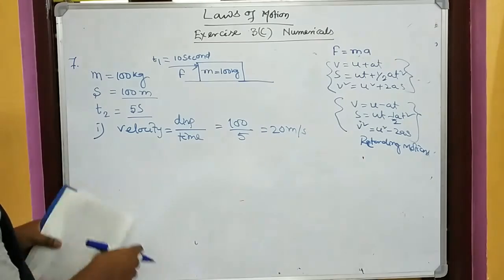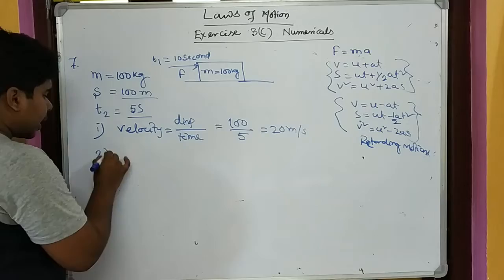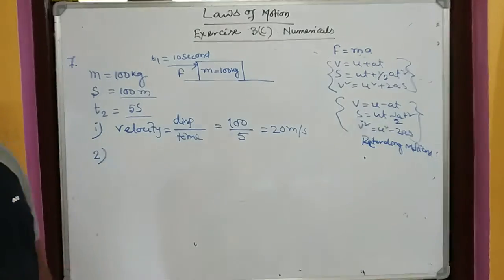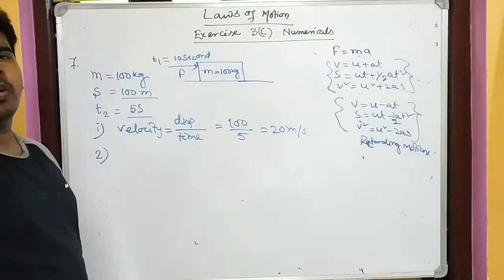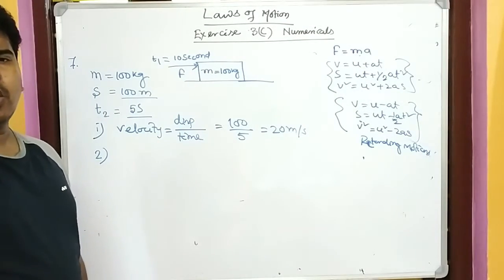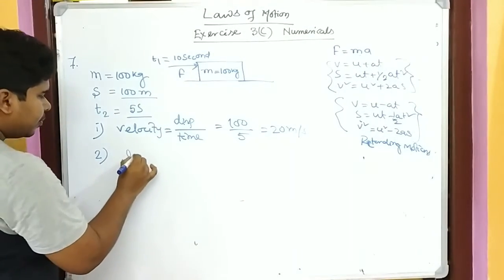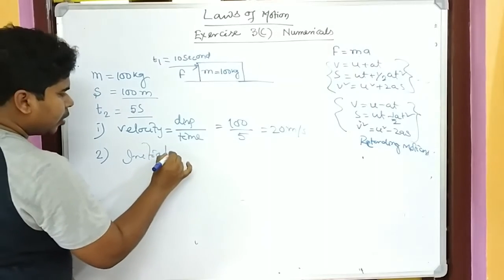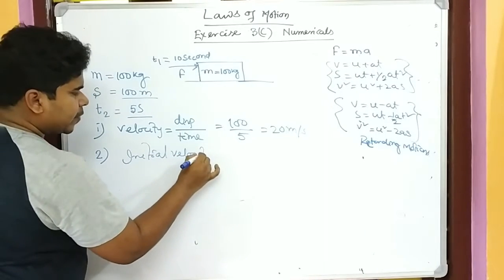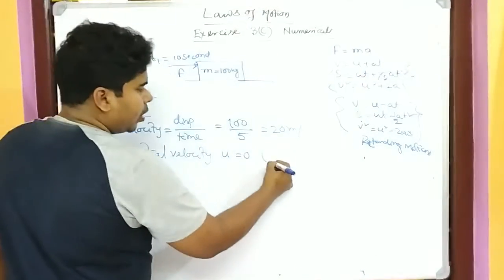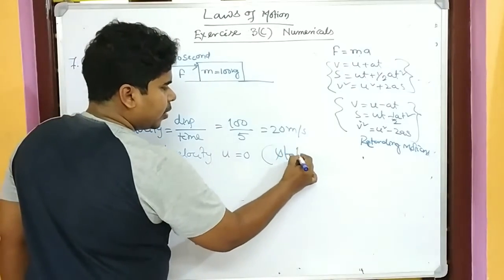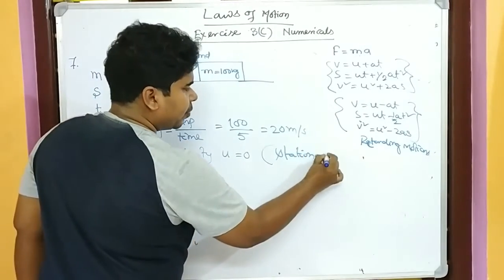Now the next question: the acceleration produced by the force. When the force is applied on the body, what is the initial velocity? We have seen the initial velocity u equals 0 because it is already told the body is in stationary condition.